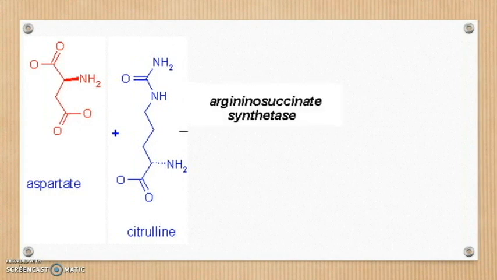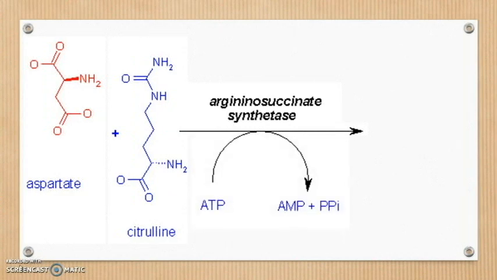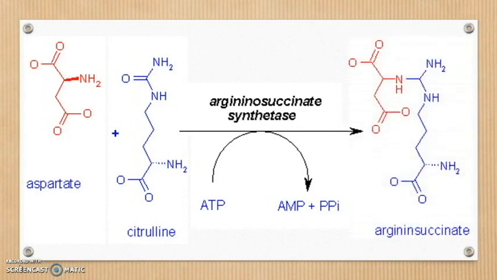The formation of argininosuccinate is driven by the cleavage of ATP to adenosine monophosphate and pyrophosphate. In the formation of urea, this is the final, or third, ATP molecule used.